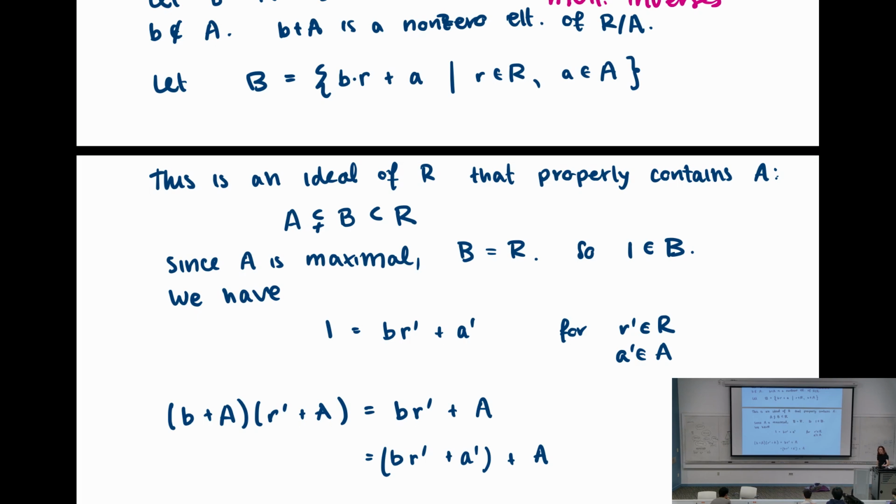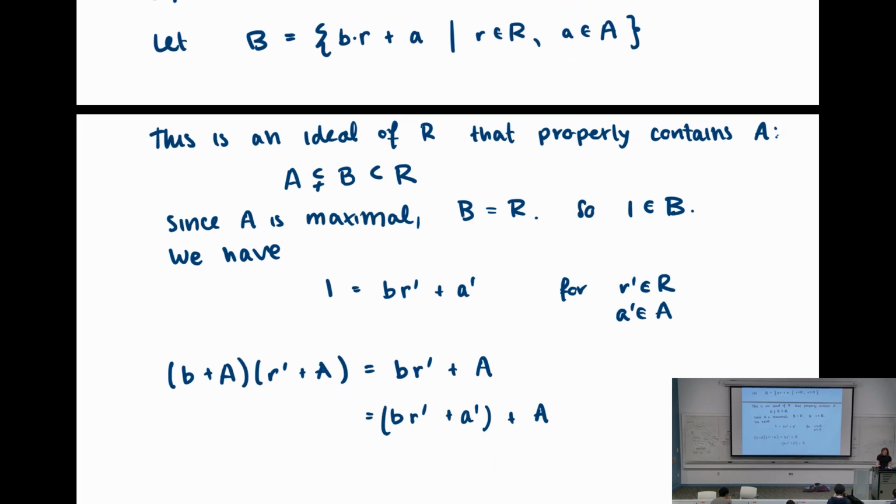Right, because, okay, so what just happened? Cosets absorb elements that are inside of them, and so I can also pull them out. Okay, but this element is equal to 1.